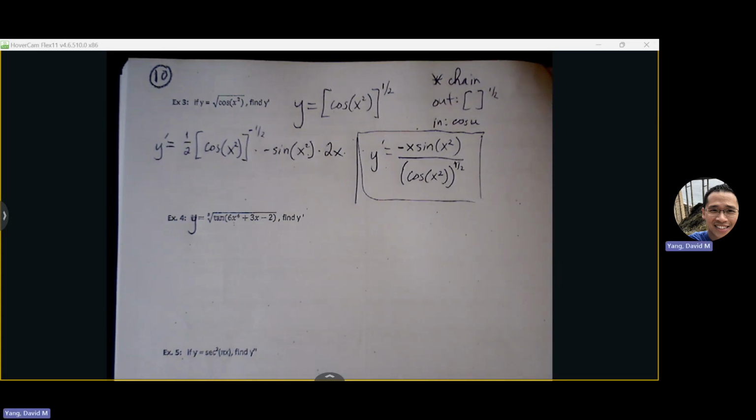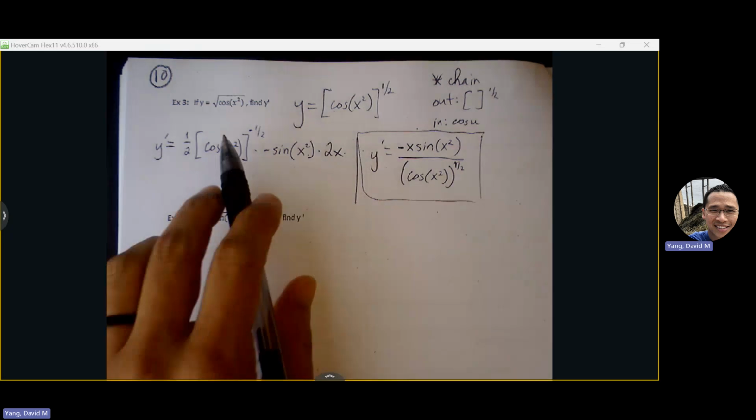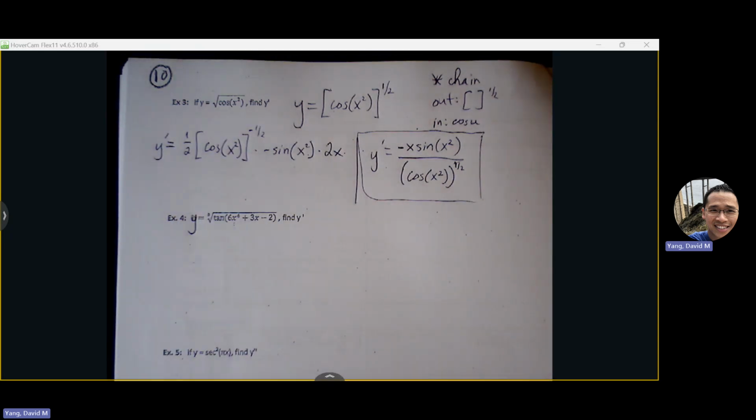Okay, let's see if we can try example 4. Example 4 should feel very much like example 3. Chain rule involved.